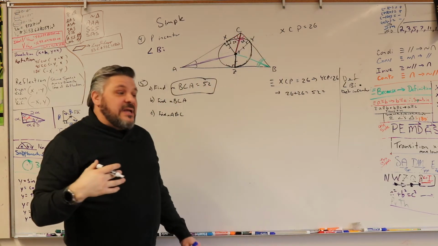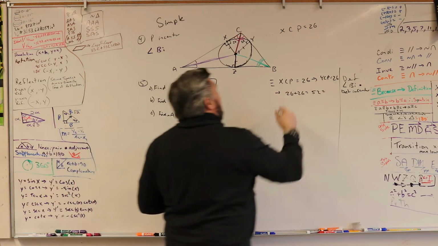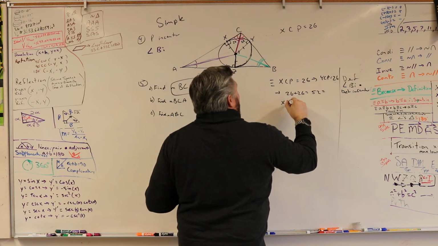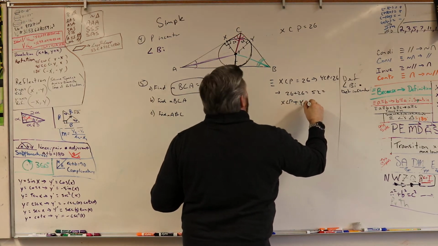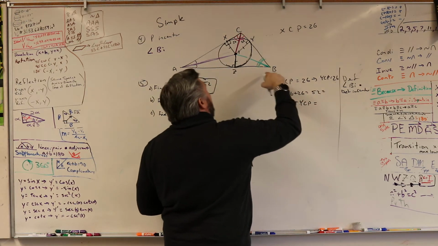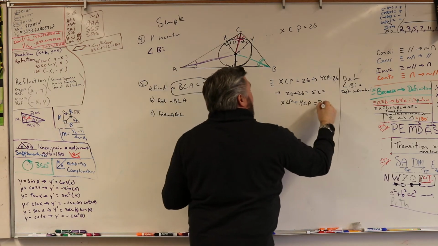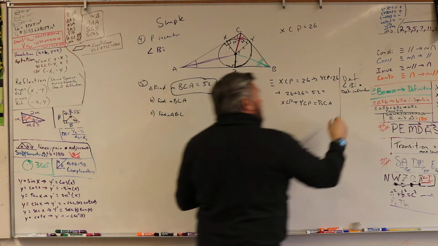So we can use the angle addition postulate, right? We can say that XCP plus YCP is equal to, and then we want to use which one we're looking for, BCA, right? By what? Angle addition postulate.